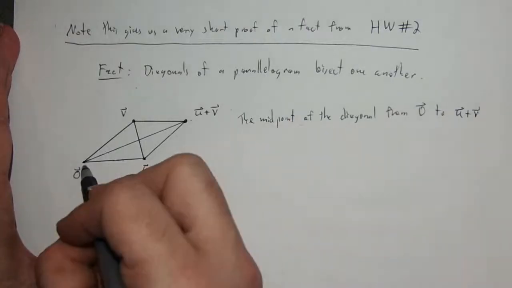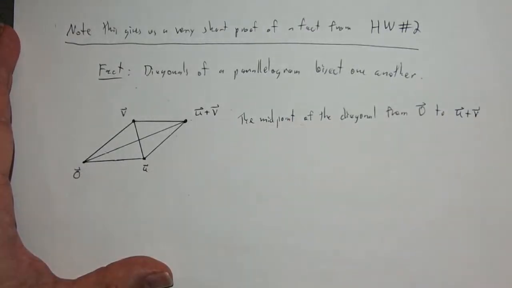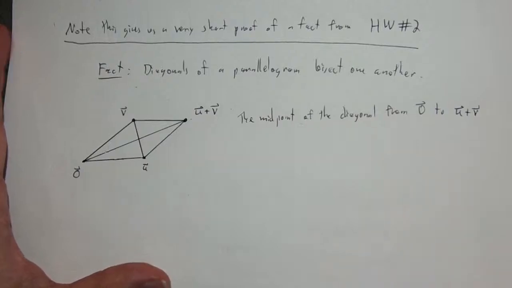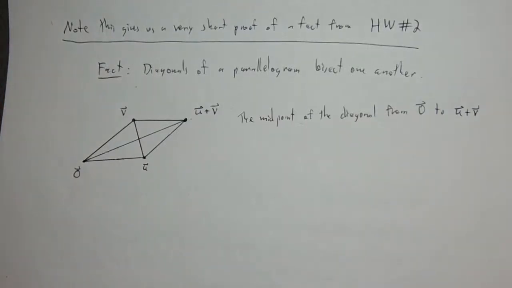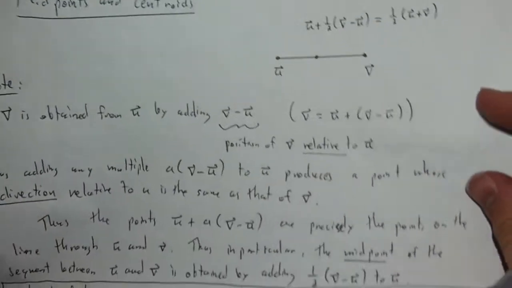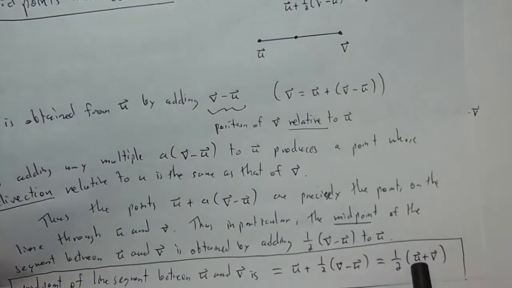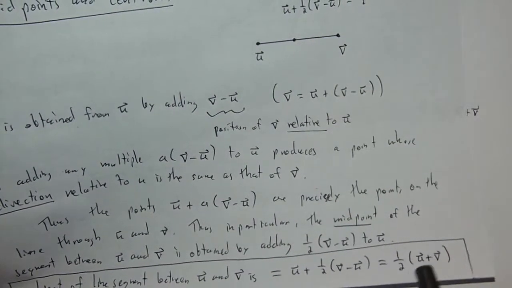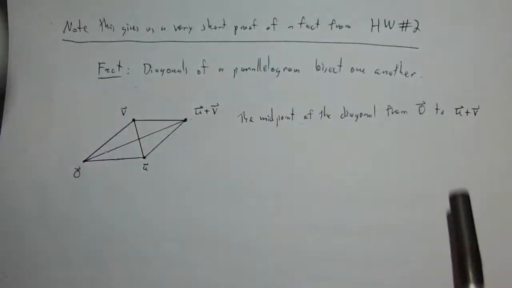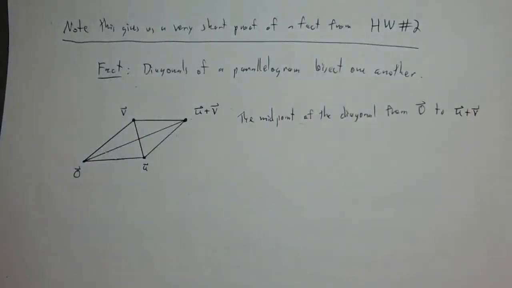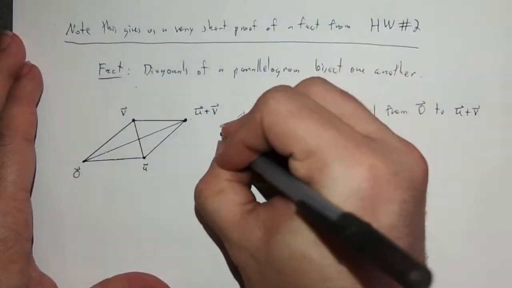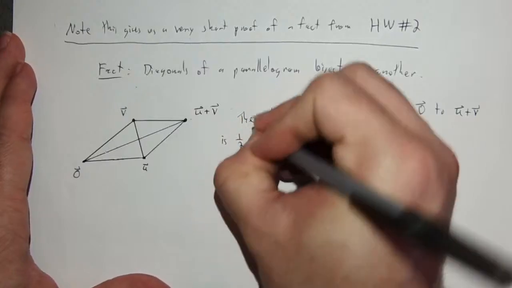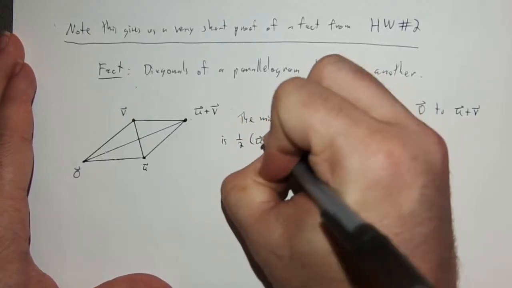What's the midpoint of that? Well, to obtain that midpoint, I would do the vector average, so it'd be 1/2 times u plus v plus 0, right? So this midpoint is 1/2 u plus v.